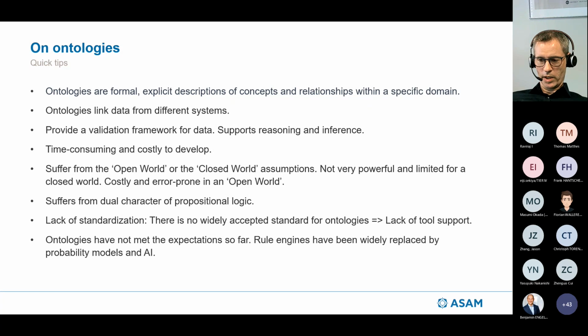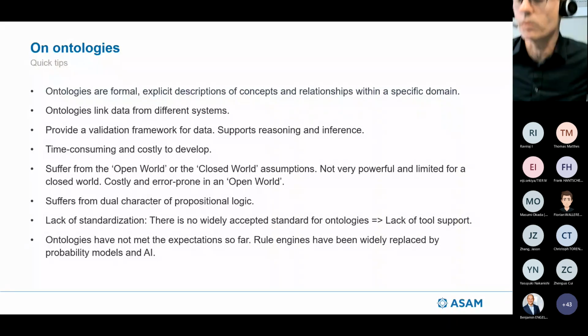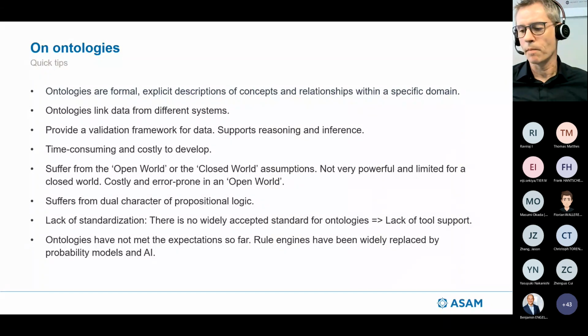So rule engines have been widely replaced by probability models and AI. We had a time when ontologies and rule engines were very popular, but it was just so much work to keep everything consistent and to make everything pay off.